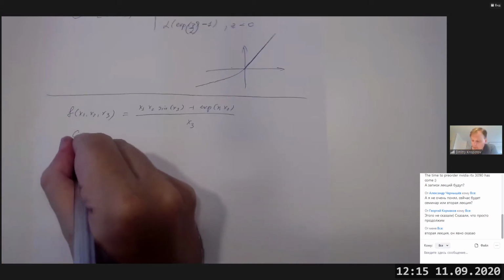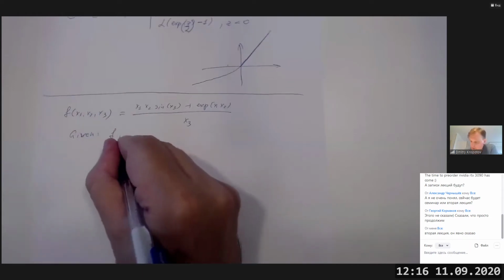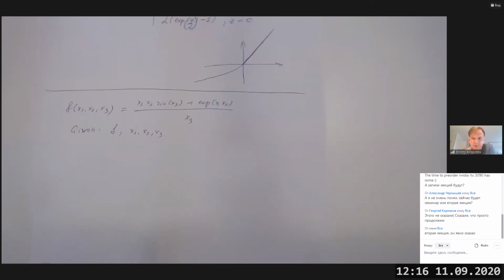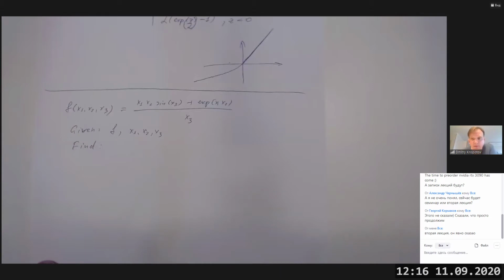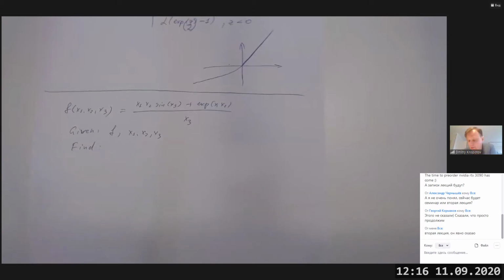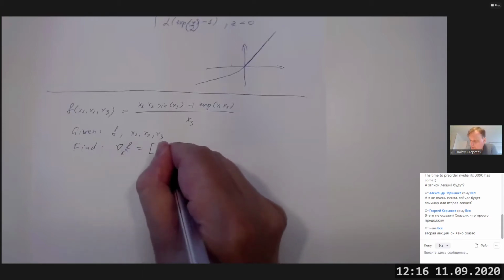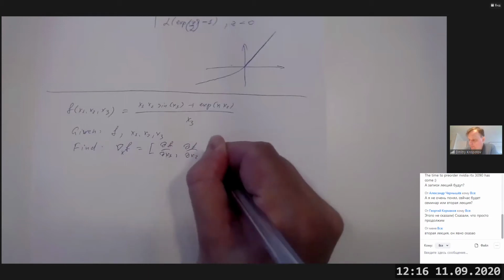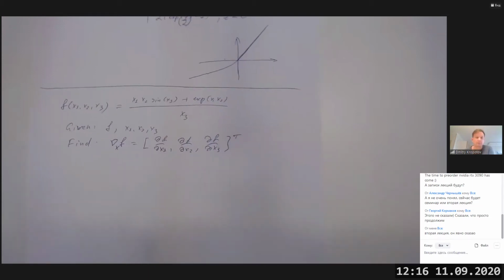Given this function and the input x1, x2, x3, we would like to find the gradient of this function with respect to all the variables. So the vector of partial derivatives like this on computer. So that is the problem.